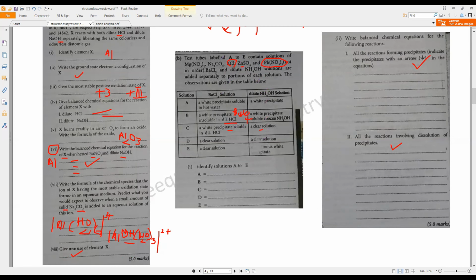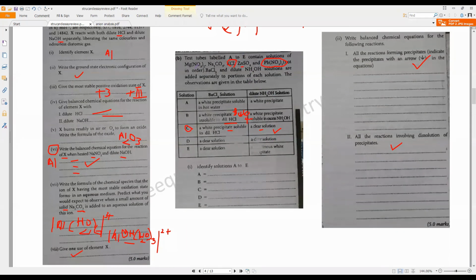But sodium carbonate, when you add barium chloride, should give a white precipitate, which is here in C. So our C is sodium carbonate, but when you add ammonium hydroxide to sodium carbonate, there will be no precipitate, which gives a clear solution. And the two clear solutions that we are talking about here are KCl, as we explained before.